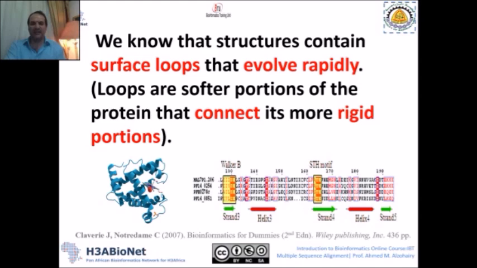But other places like the rigid portion of the protein, you cannot find changing rapidly. So you cannot find a lot of mutation in this part. So usually the rigid part is mostly conserved, but the loops are not very conserved.